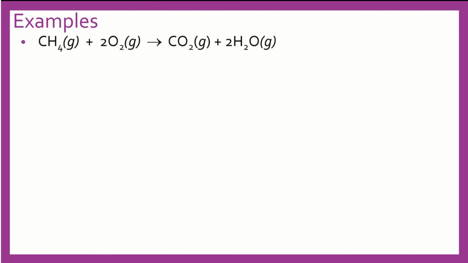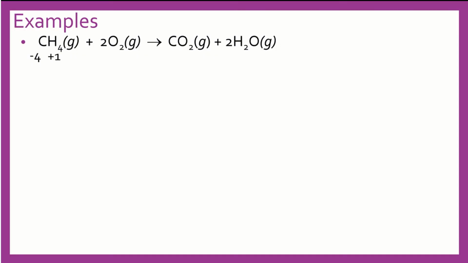Let's try another example. A little bit bigger problem here. Again, first step, assign your initial oxidation states. Well, carbon is -4 because I have 4 positively 1 charged hydrogens. Oxygen by himself is a 0. Move over to the right.